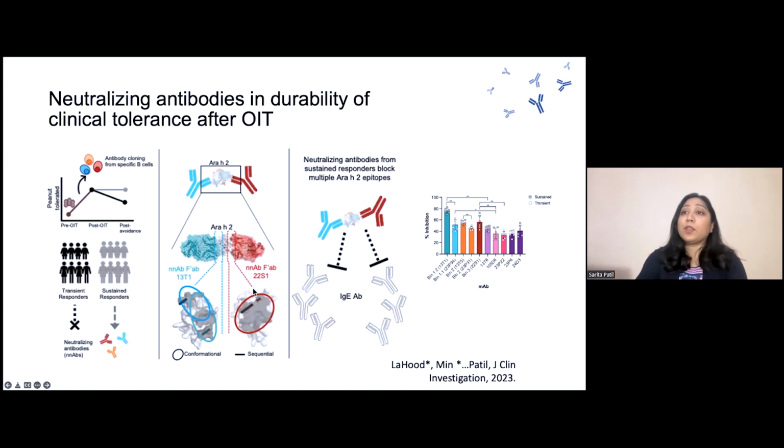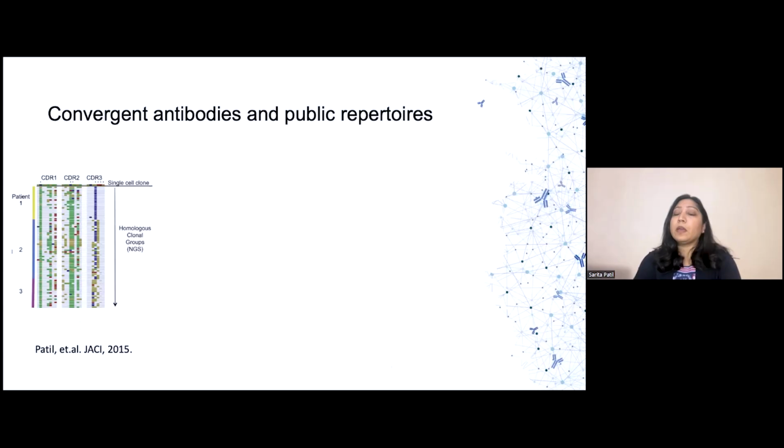So not only those antibodies that recognize similar conformational regions, but also epitopes that recognize sequential regions that might be overlapping in the same area, which allows them to continue to block IgE-mediated activation of effector cells even after immunotherapy has ceased, and we see those total IgG4 levels start to wane. And so this confers long-term clinical efficacy after immunotherapy.